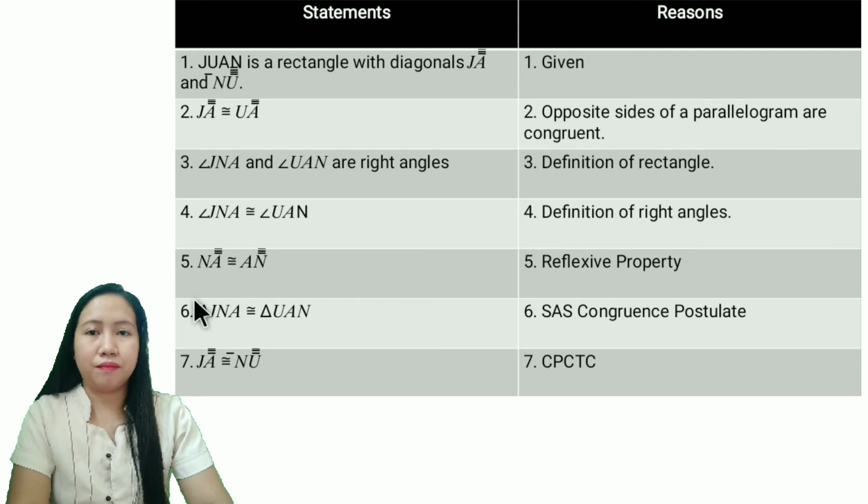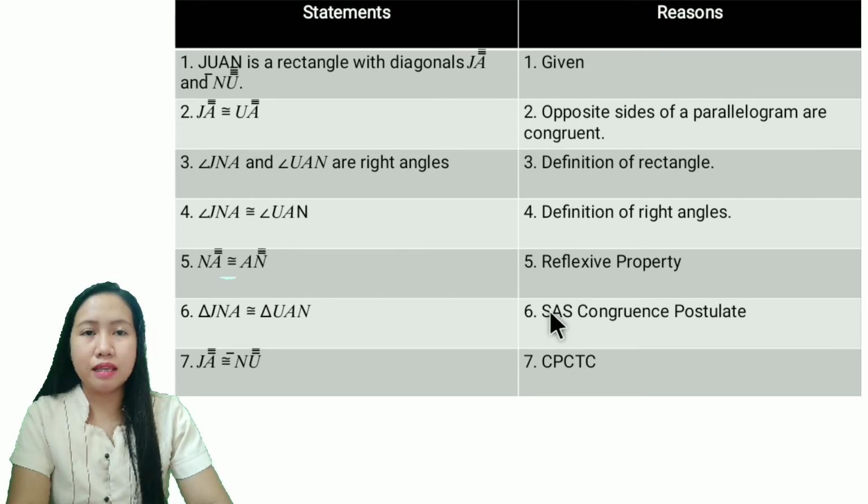Number 5, line segment NA is congruent to line segment AN. And the reason is by reflexive property. Number 6, triangle JNA is congruent to triangle UAN.